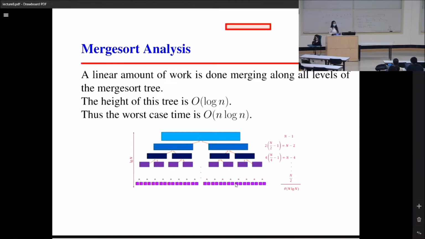And now let's think about the worst case. What will be the time complexity of the worst case, and how did you get that?